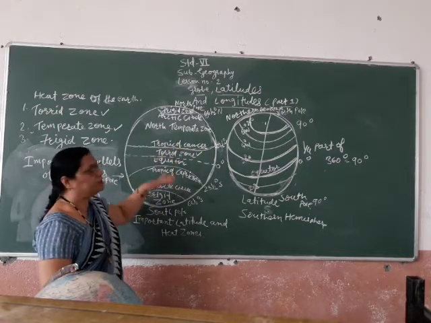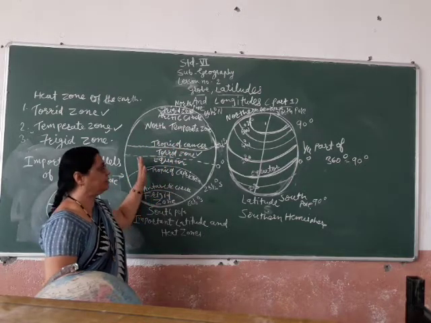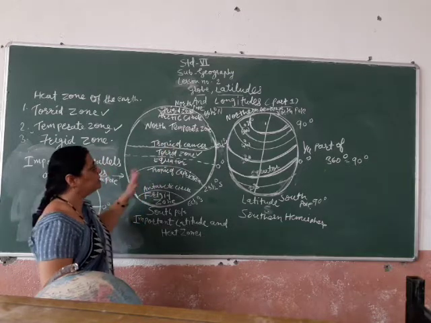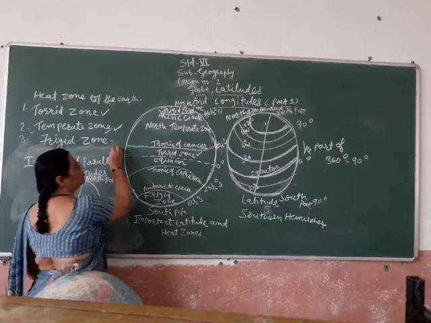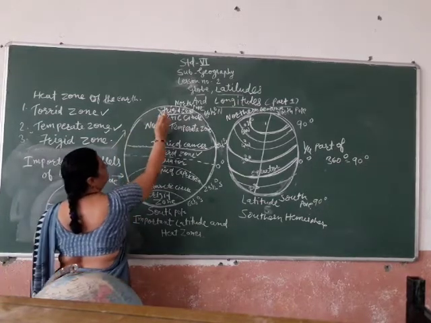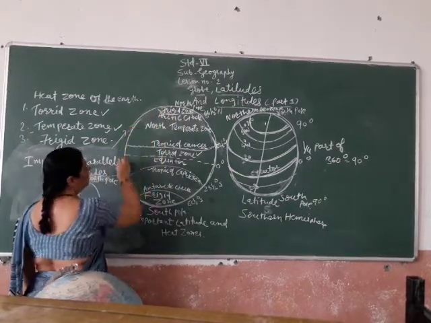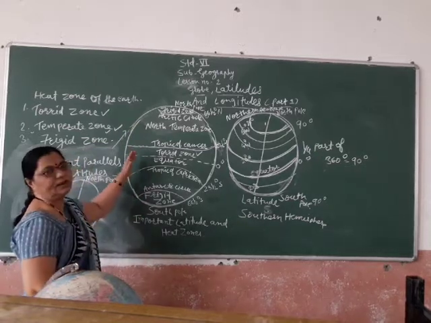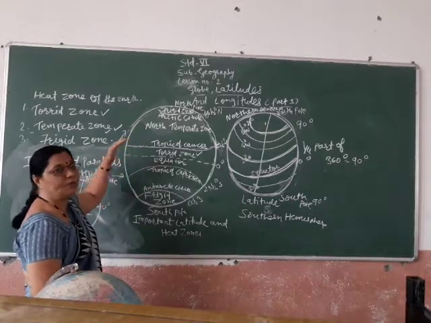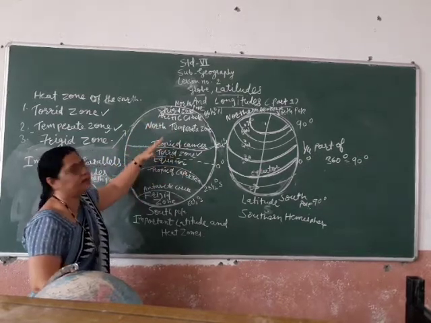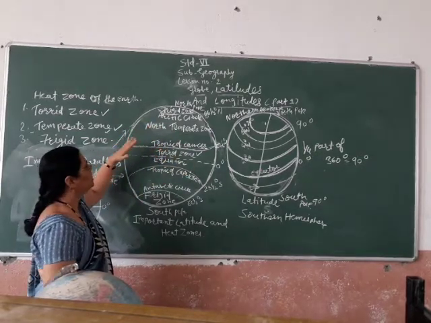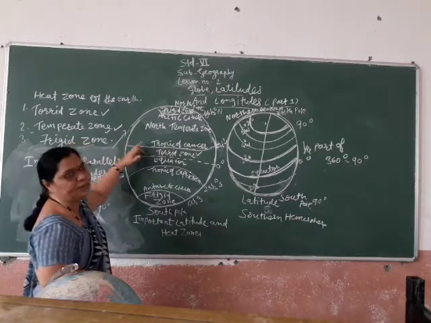Moderate heat is spread everywhere, and the rays of the sun decrease towards the pole. That is called the temperate zone, means moderate heat is received in this latitude.